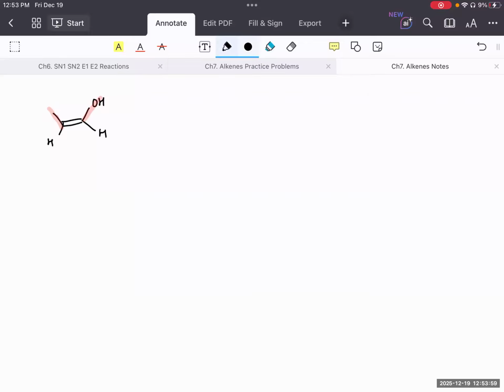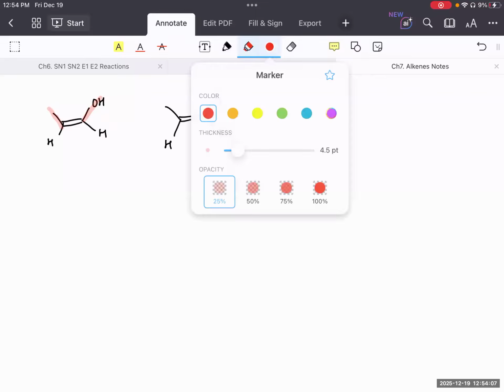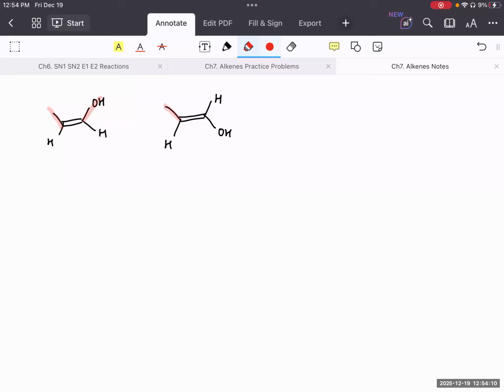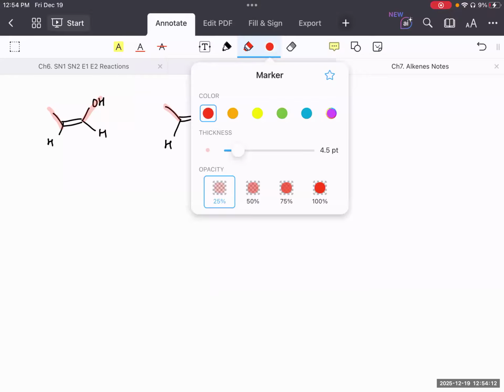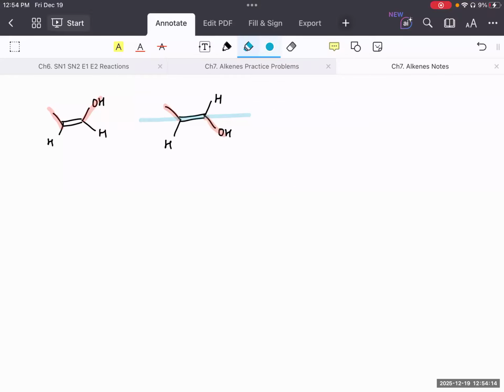And so let's draw the other one where we flop the position of that OH. And so we still have that methyl group pointed up, but now that OH is pointed down. And so now if we were to highlight those groups, we can see that they're on opposite sides of that plane. So if we draw that straight line through, we can see that the OH and the methyl are on opposite sides.